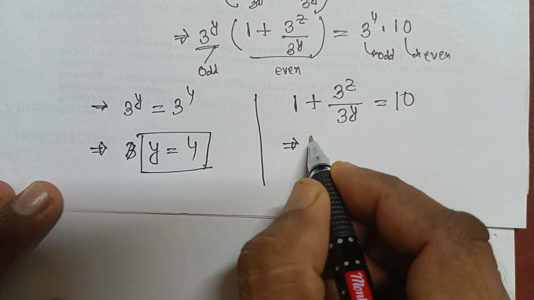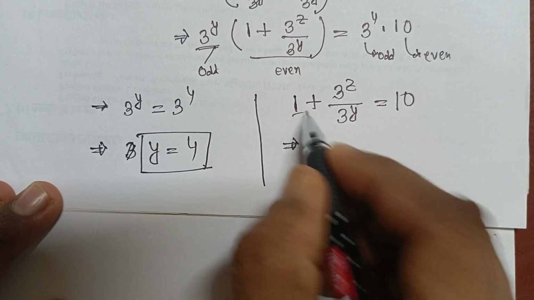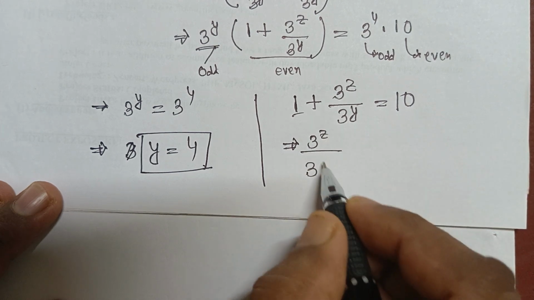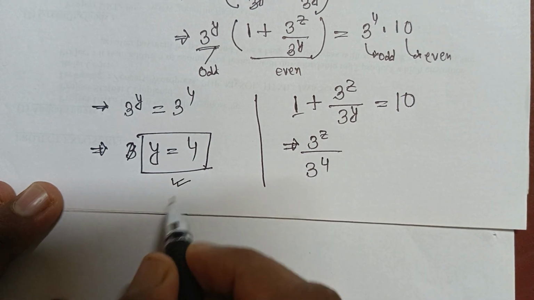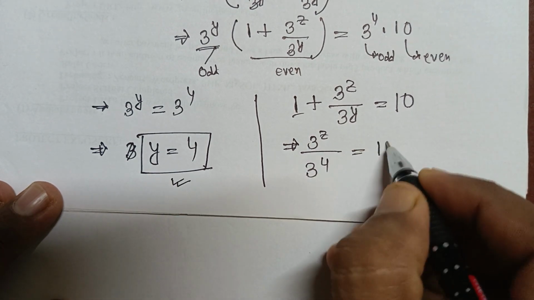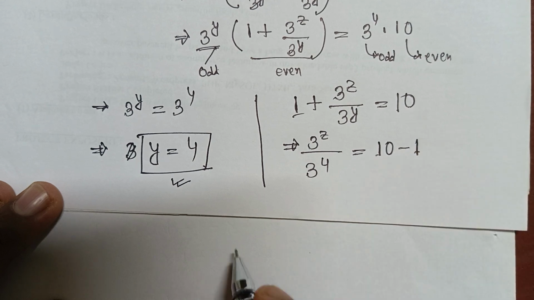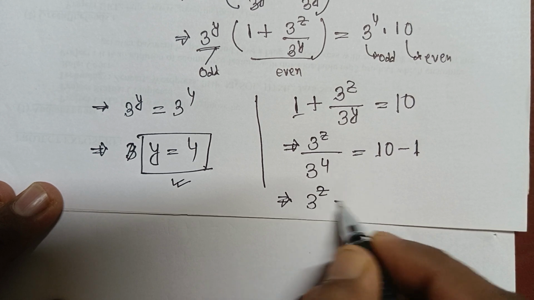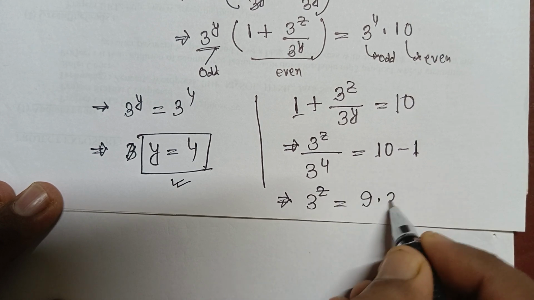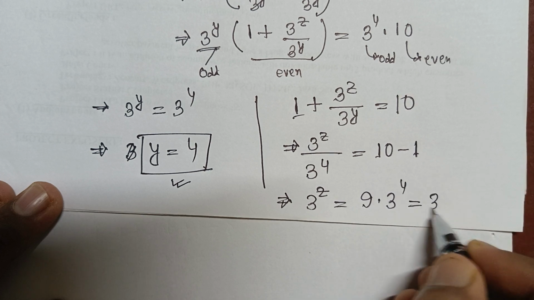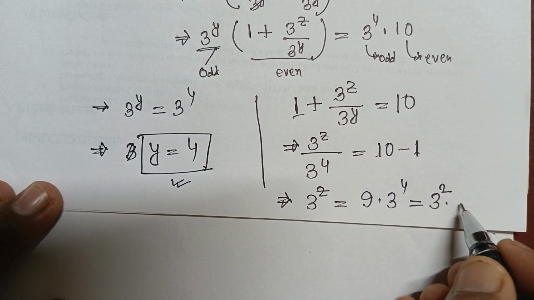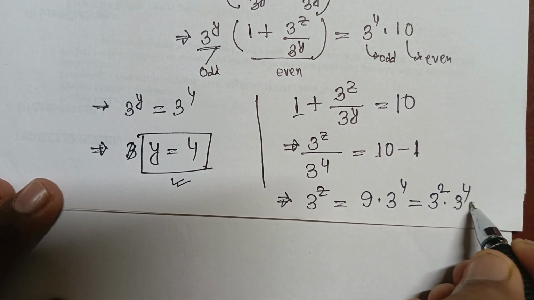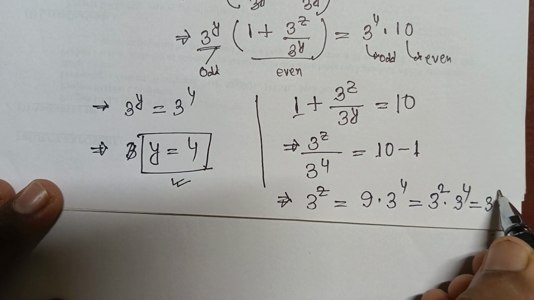Again if we move this 1 to the right hand side, we get 3 to the power z by 3 to the power 4. As we have y is equal to 4, then it will be 10 minus 1. Again we get that 3 to the power z is equal to 9 into 3 to the power 4, and 9 can be expressed as 3 to the power 2 into 3 to the power 4. That can be written as 3 to the power 6.